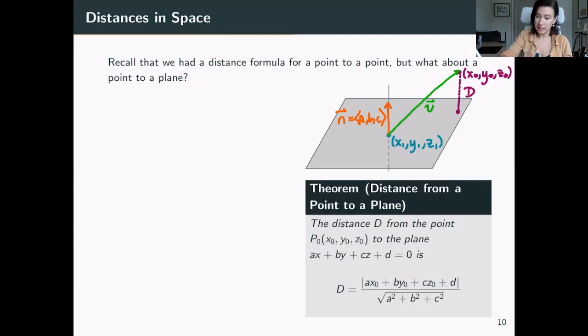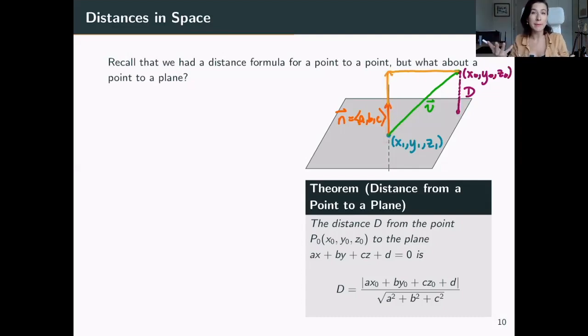If I take that green vector and project it onto the vector n, I end up with this right triangle, and I can see that the distance here is equal to the distance here.